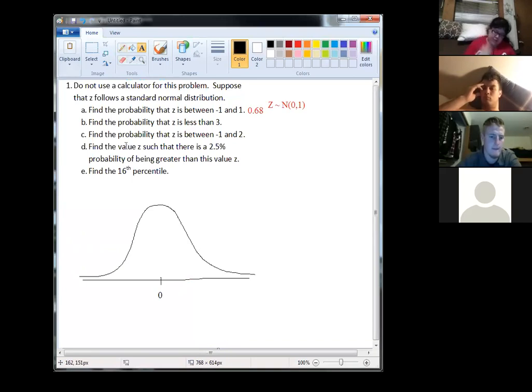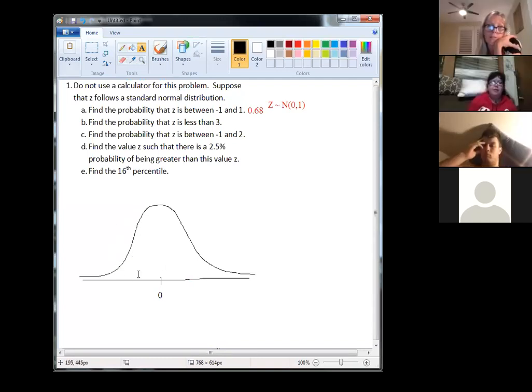Okay, we want to find the value of Z such that there's a 2.5% probability of being greater than the value. So is the value going to be far left, far right, or close to the middle? Without doing any big work. Far left, far right, or close to the middle? If there's 2.5% probability of being greater than that value.